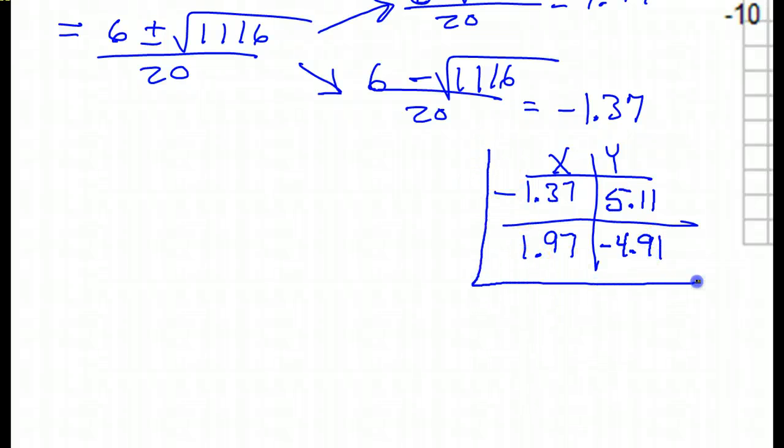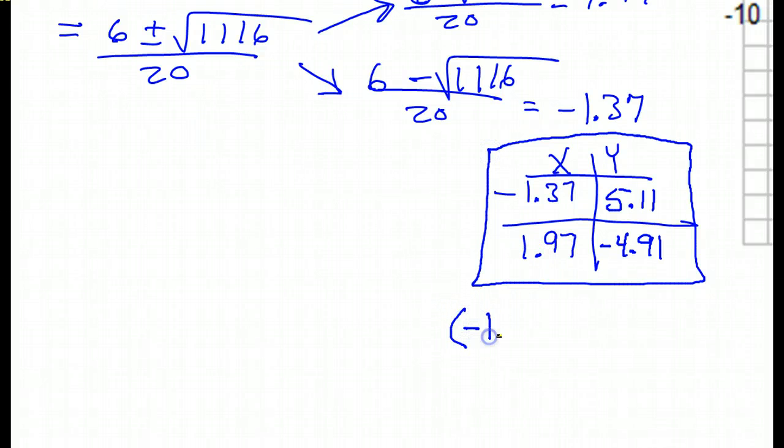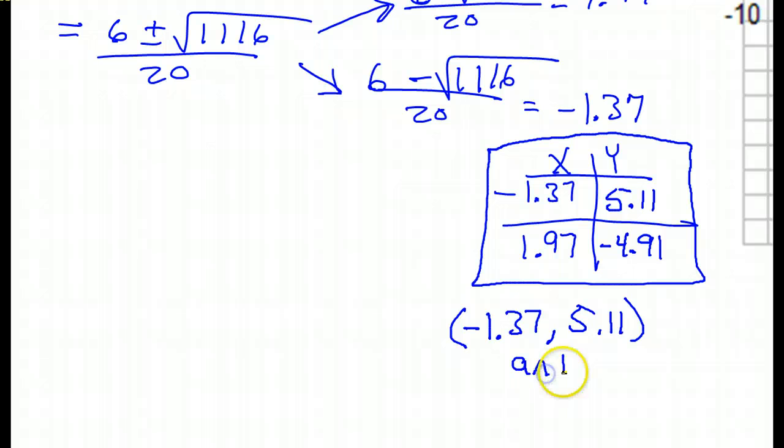Alright, so these are my solutions. I'm going to write them as ordered pairs: negative 1.37 comma 5.11 and 1.97 comma negative 4.91.